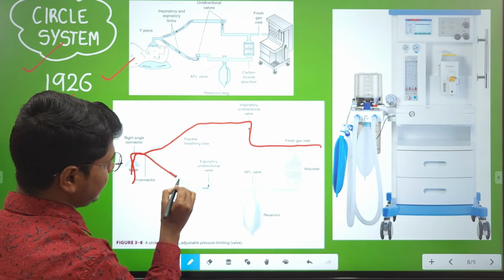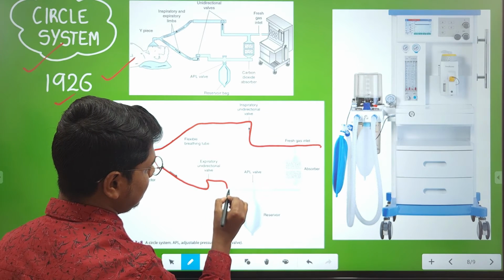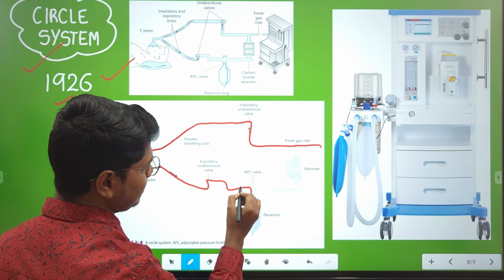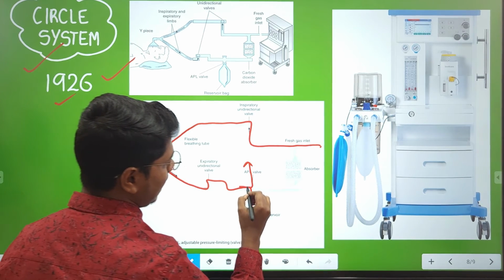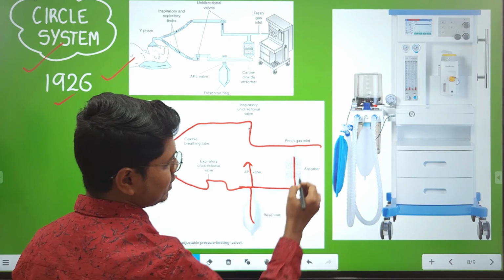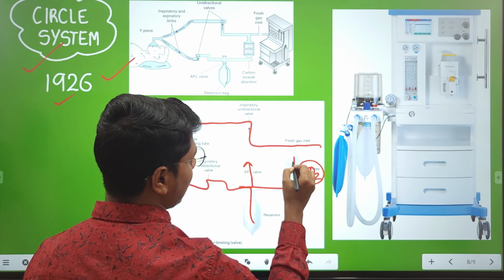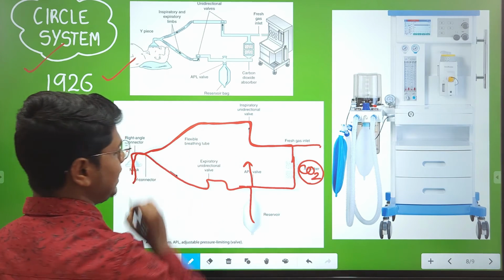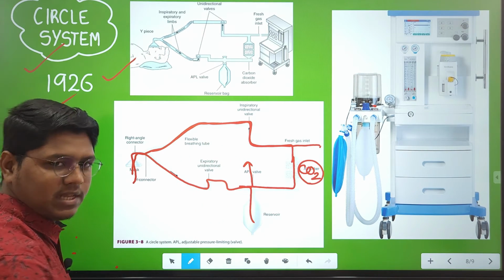It will go through the expiratory limb and then the expiratory unidirectional valve. Then some part will go to the reservoir bag, and if there is excess pressure, it will go to the atmosphere through the APL valve, and some part will go to this carbon dioxide absorber, where the carbon dioxide will be absorbed and the gas can be reused, going again into the inspiratory limb. Okay, so this is the circle system.